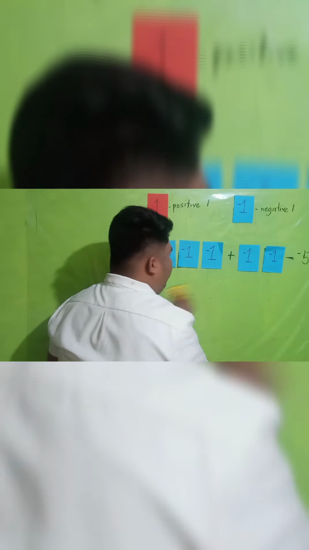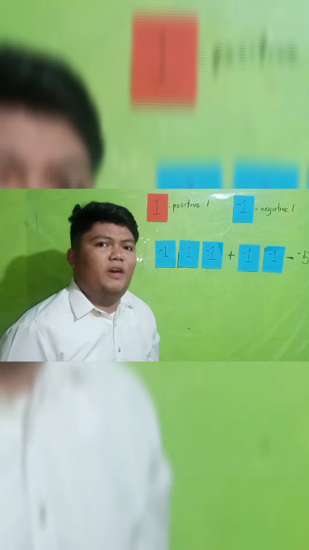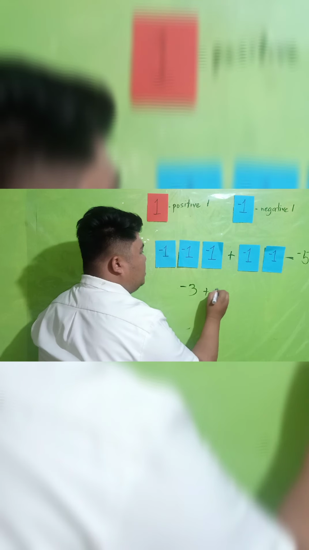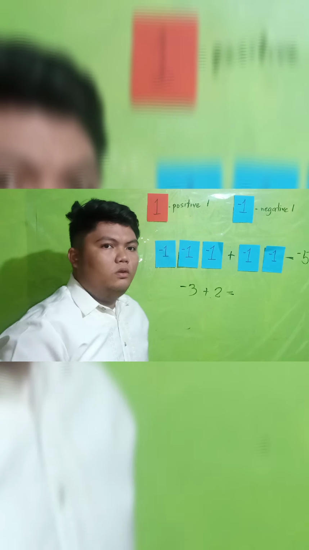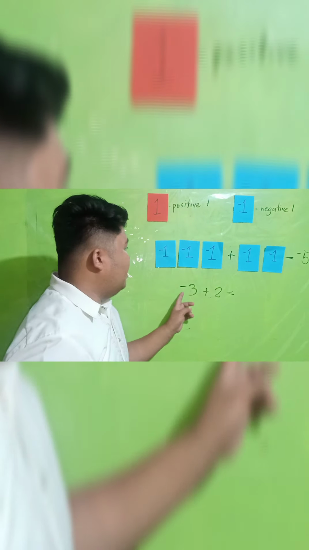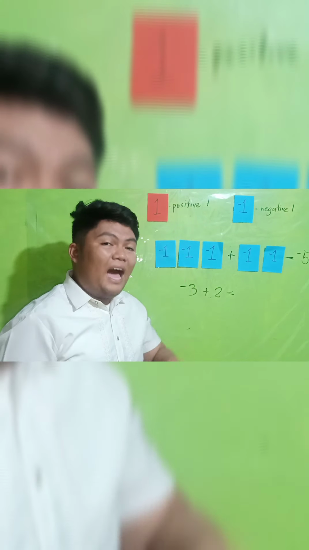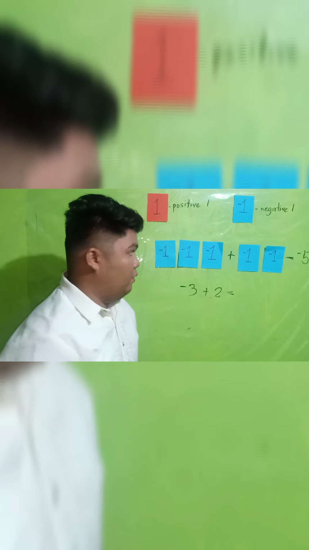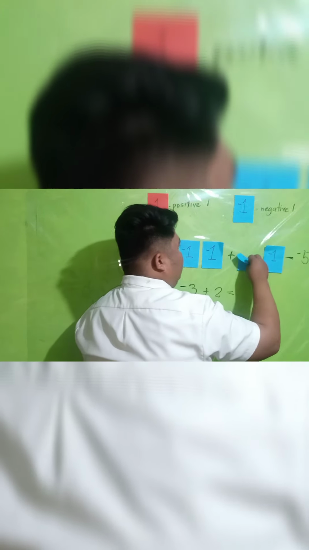Okay, next, how about if we have a negative and positive integers? If we have negative 3 plus positive 2, what do you think will be the answer? Okay, let's try. We have negative 3, so 3 blue tiles. 1, 2, 3 plus 2 positive tiles, 2 red tiles.